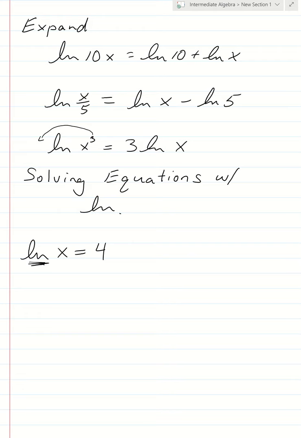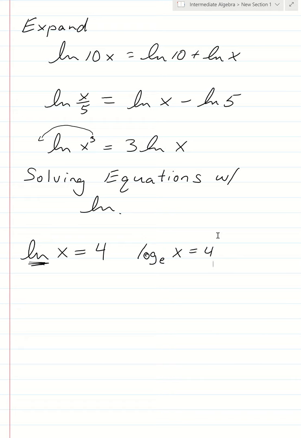The natural log means that we are dealing with a log base e. Log base e of x is going to equal 4, because log base e and the natural log mean the same thing. This is just the abbreviated way of writing it. So if you see the natural log, that means log base e of x equals 4.